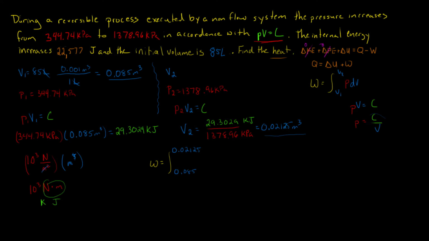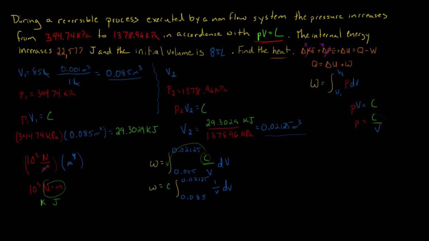So this is equal to C over V dV, and C is a constant, so C can be taken outside of this integral. So the work is equal to C times the integral from V2 to V1, 0.085, of 1 divided by V dV.